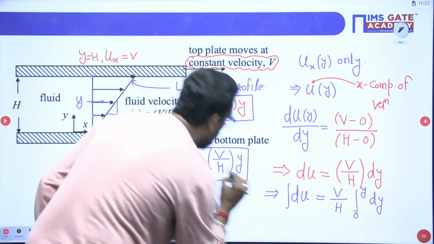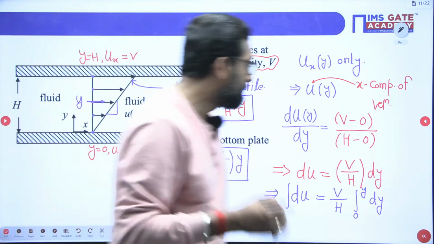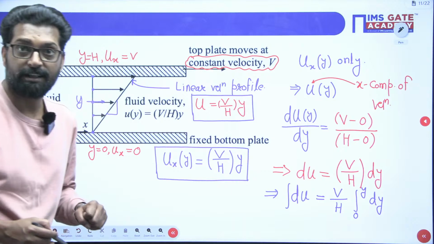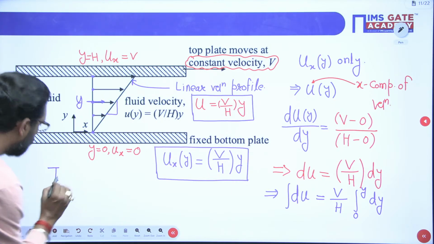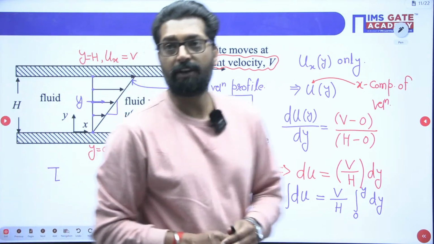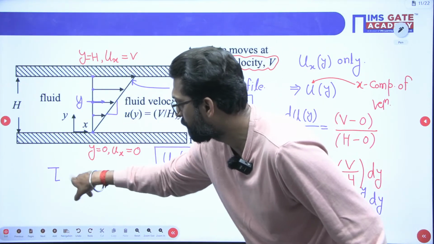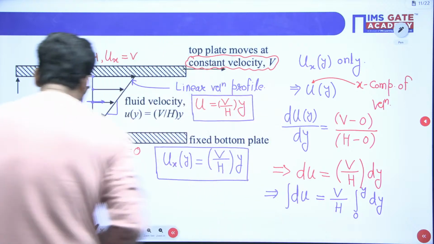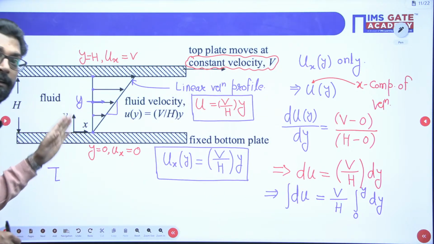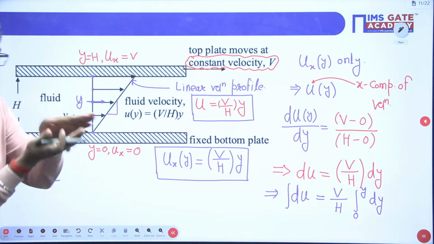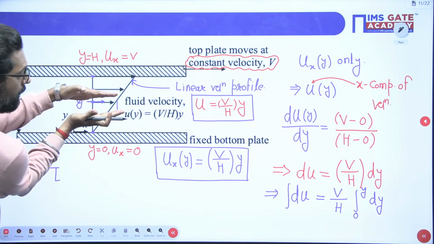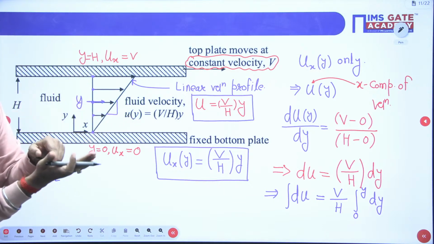So once you know the field, you can easily find the shear stress. So my dear, if you calculate the tau, how to denote it here? What subscript do you have to put? You have to find the stress between the layers, and what is the direction of that layer?